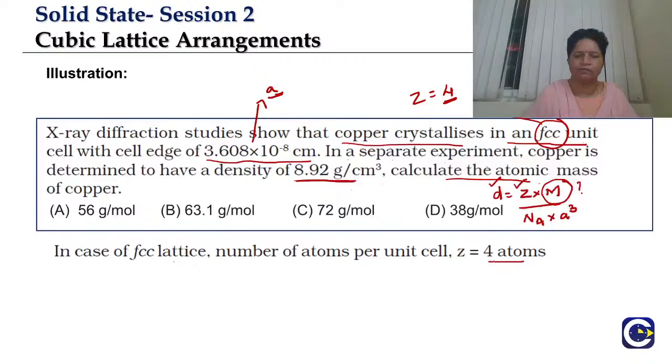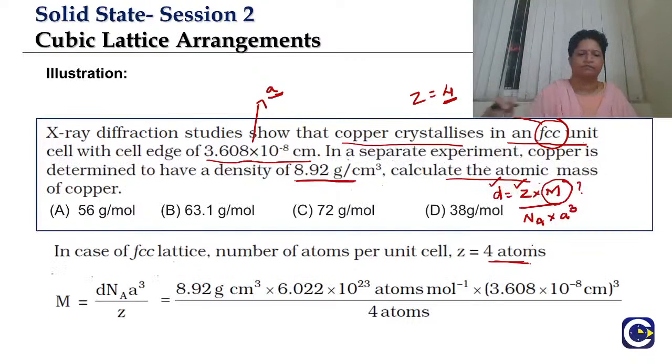That is 4 atoms. So let's see what we are going to get. Density is given, so what do we need? Mass. So mass would be equal to density into a cube into Avogadro number by Z. That's what is substituted here.